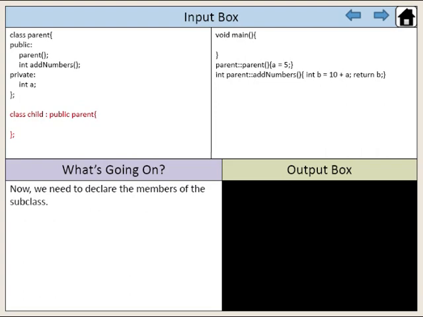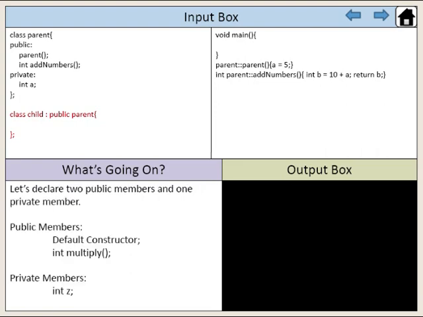Now, we need to declare the members of the subclass. Let's declare 2 public members and 1 private member. Our public members will be the default constructor and a class function named multiply that returns an integer value. Our private member will be named z and will be given an int data type.